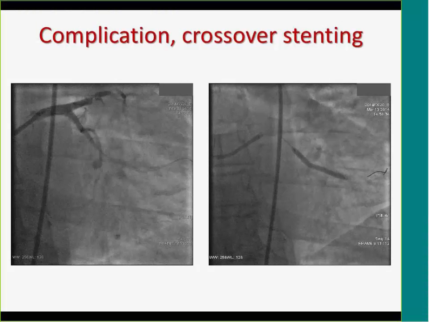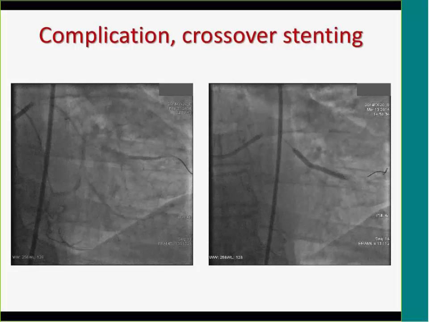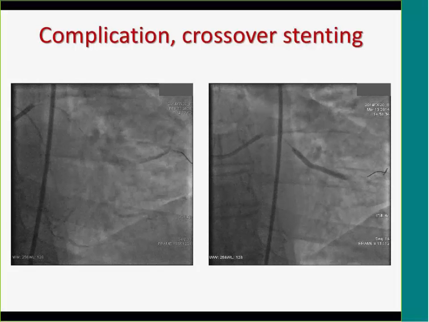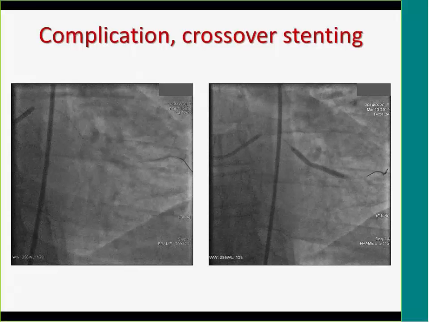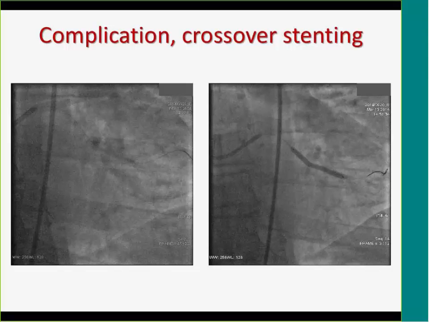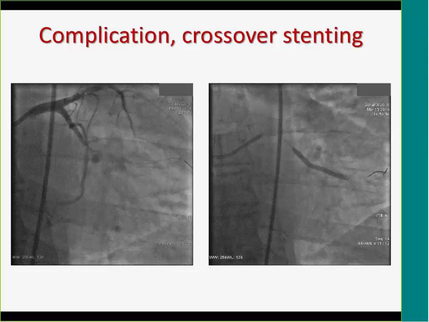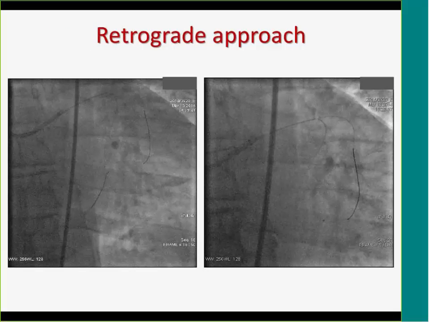So after that, the question came whether to stop here or to continue. First, I wanted to stop, but realizing that he has practically only one open vessel, I decided to do a short attempt for the retrograde.